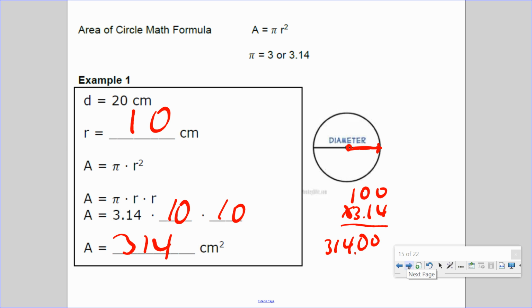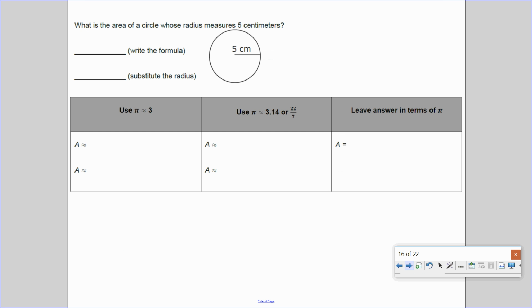Let's practice another example. This is a circle. What is the area of a circle whose radius measures 5 centimeters? So let's write the formula. The formula is area equals pi radius squared. Substitute the radius. Area equals pi times 5 squared.